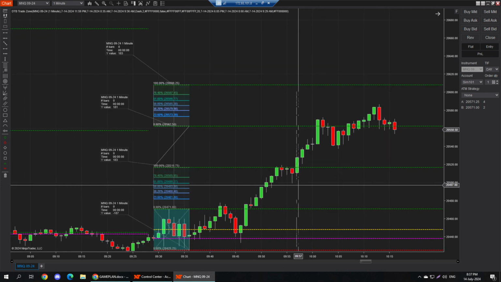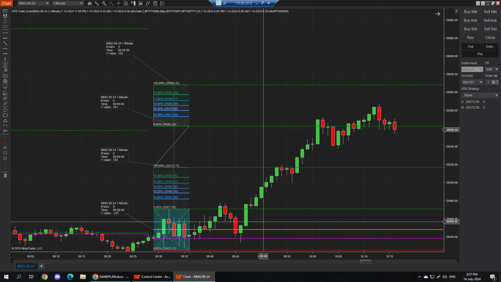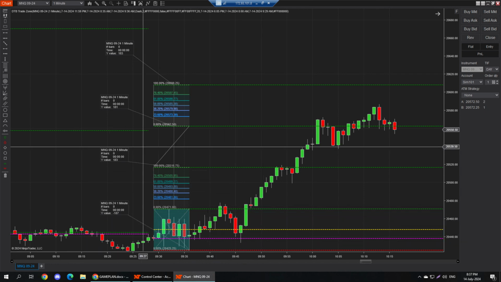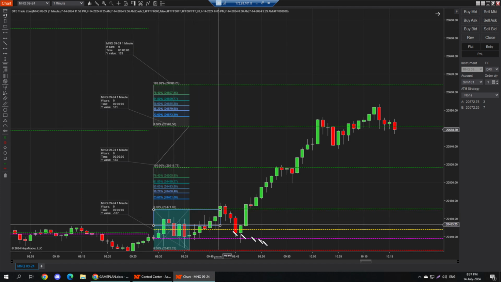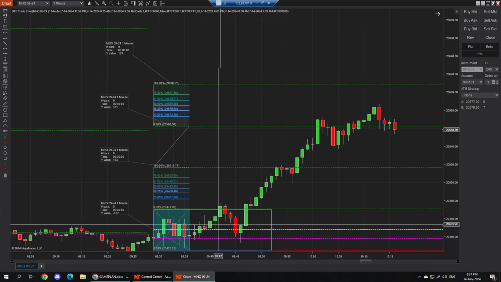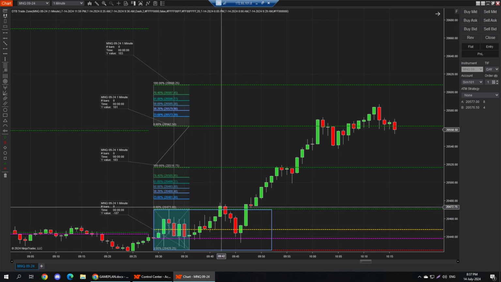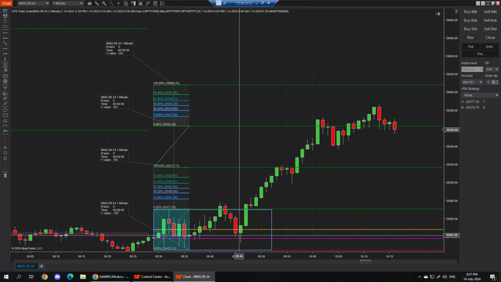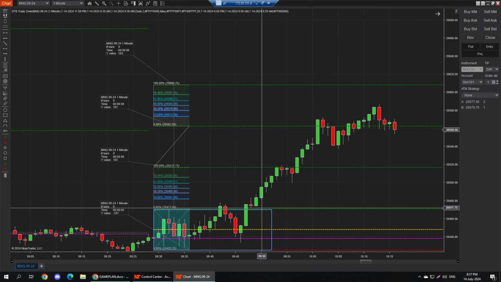So it's drawing these levels between that range, and you'll see price goes up and down. The idea behind this is to trade the breakout of these levels. Because the price was zoned in this section, you're looking for a breakout of that range and then trade that. You'll see the price came up there, broke a bit above, came back down, retested the open of that range, came up and closed.